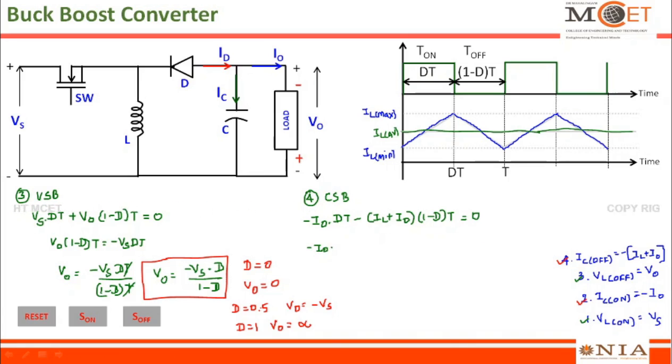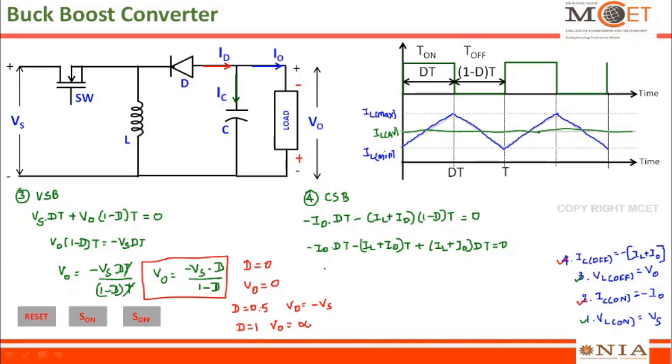Minus I0 into DT, minus (IL plus I0) into T, plus (IL plus I0) into DT is equal to 0. Simple simplification.